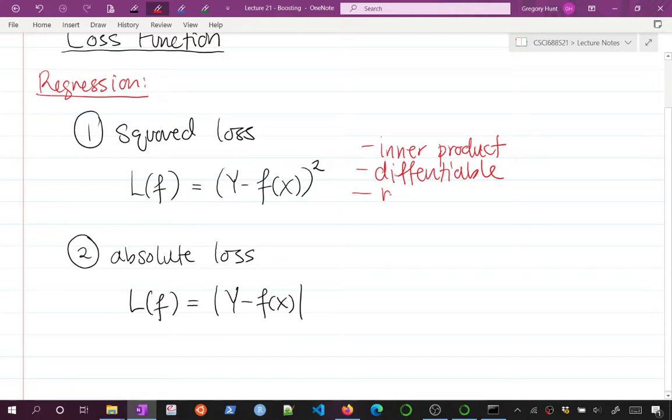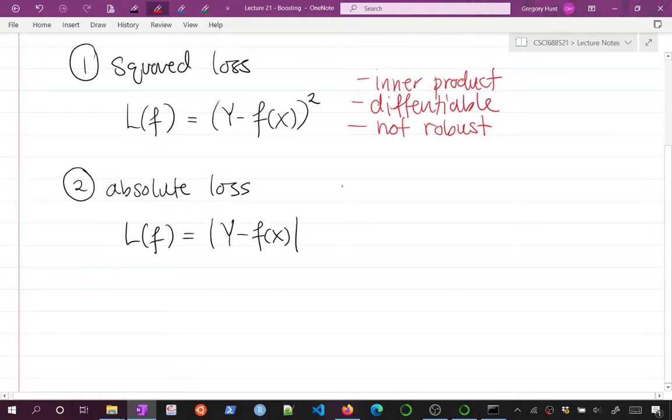However, it's not going to be particularly robust, because it has the square term, so it's going to put more weight on large errors than on small errors. This is akin to a variance, which looks at a squared error. It's not just the error, but the square of the error.